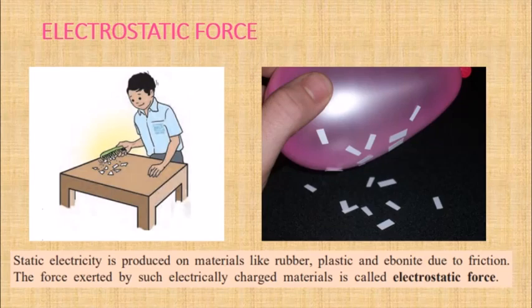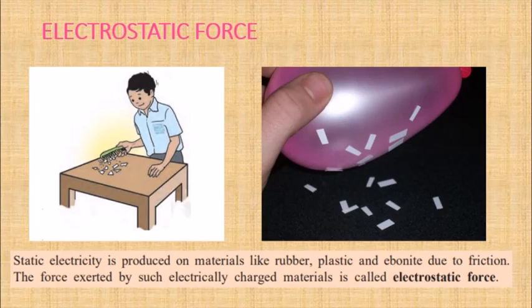Static electricity is produced on materials like rubber, plastic, and ebonite. Ebonite is nothing but hard rubber. In all these substances, due to friction, the force exerted by electrically charged material is called the electrostatic force. As you rub the comb on your hair, a charge is created on it.